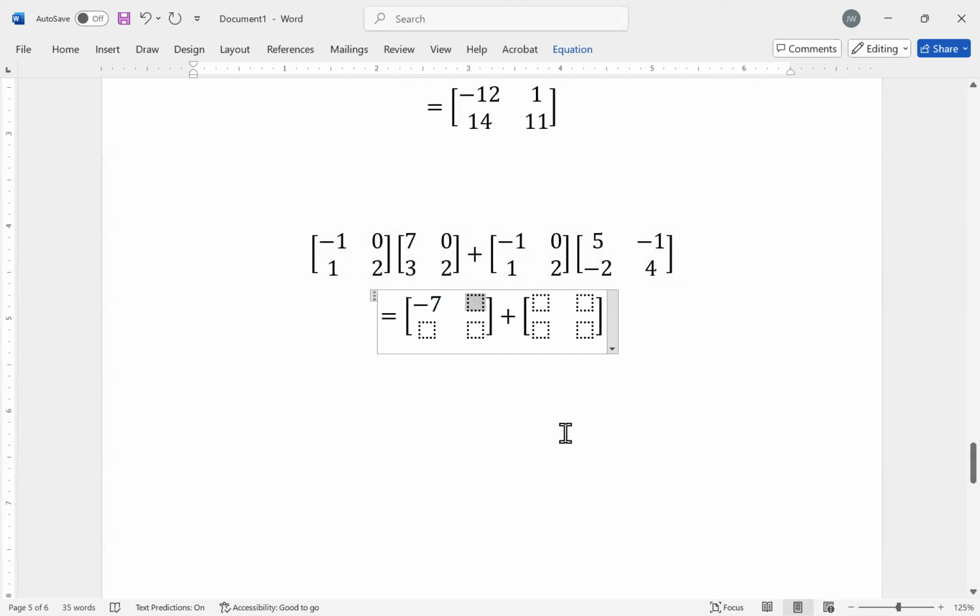So I just get -7 in the first entry. In the 1, 2 entry, -1 times 0 is 0. 0 times 2 is also 0. 0 plus 0 is 0. In the 2, 1 entry, I'd get 1 times 7, which is 7, plus 2 times 3, which is 6. 7 plus 6 is a 13.